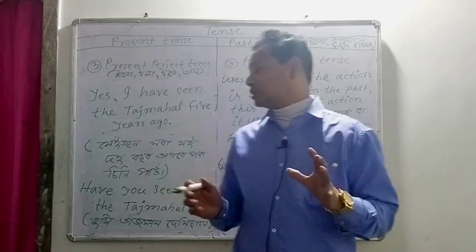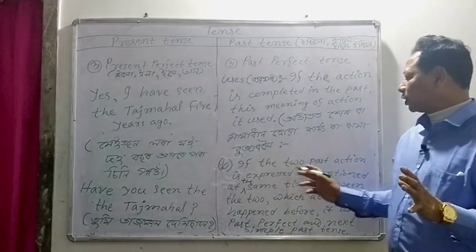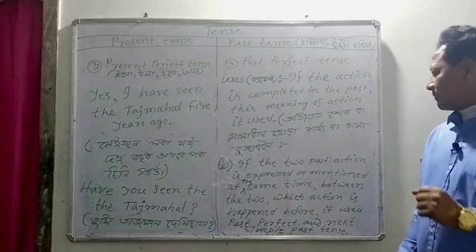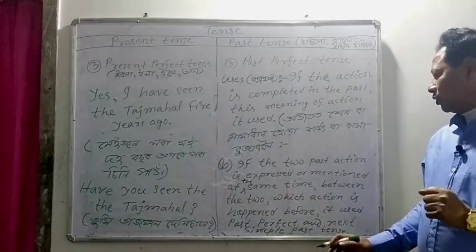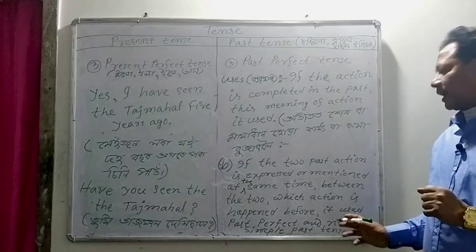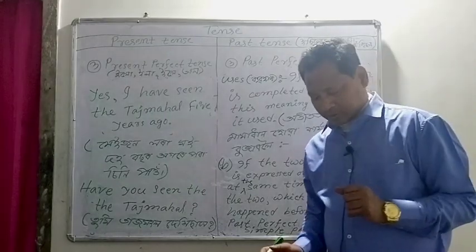So here, if two past actions are expressed or mentioned at the same time, between the two, the action which happened before uses past perfect and the next one uses simple past tense.